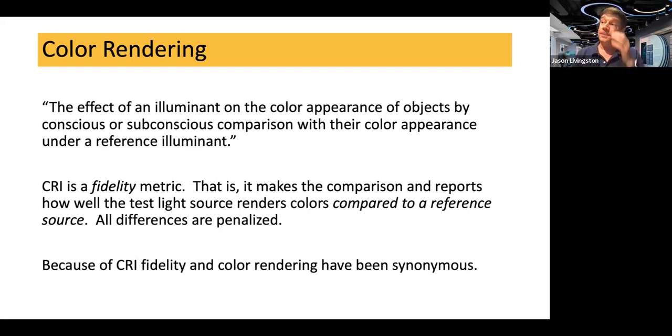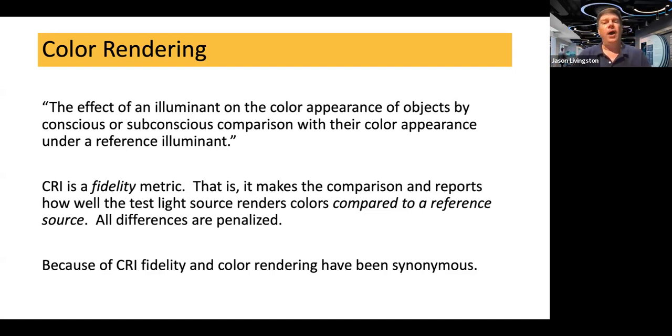Now, I know that CRI has been loaded up with additional meanings, right? High CRI is best. High CRI is natural. High CRI is something else. Really, though, that's the only question that CRI is asking and answering. How close is the match?